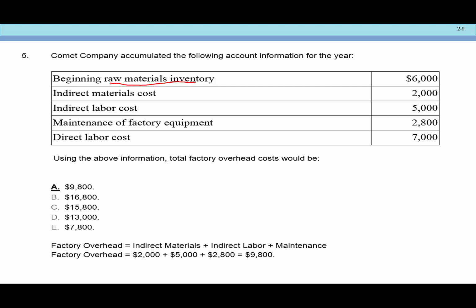But they're telling me the beginning raw materials balance, so I can't include that and say it's automatically indirect, automatically overhead. So no, that's not it. How about indirect material costs? How about indirect labor? How about maintenance of factory equipment?